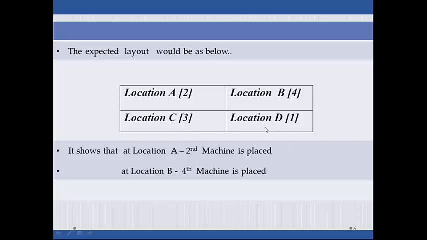But after optimization, the expected answer would be such that at location A, suppose you keep machine 2, and at location B, machine 4 is kept, so that this will be the optimum layout which gives us minimum material handling cost. It shows that at location A, the second machine is placed, meaning previously this second machine was here initially, traditionally. So to move this machine from this position to this position, we have incurred some cost. It is called the rearrangement cost.